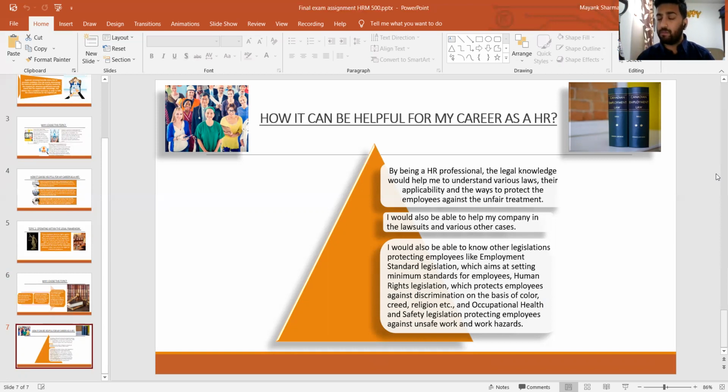Human rights legislation protects the employee against unfair treatment by the employer, like discrimination on the basis of color, caste, creed, religion, etc. And occupational health and safety legislation protects employees against unsafe work and work hazards. So this is the way it can be helpful for my career as an HR by learning these laws.